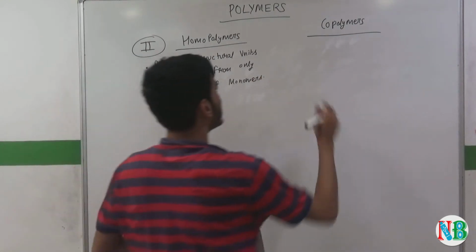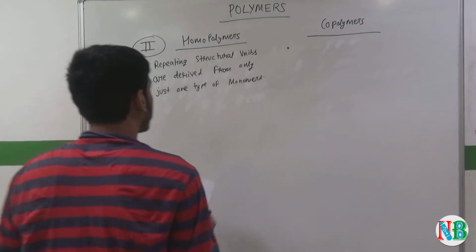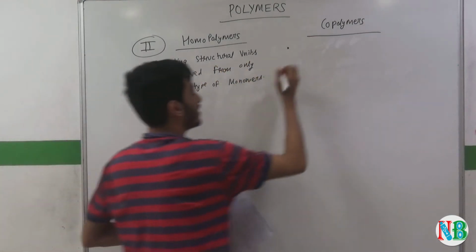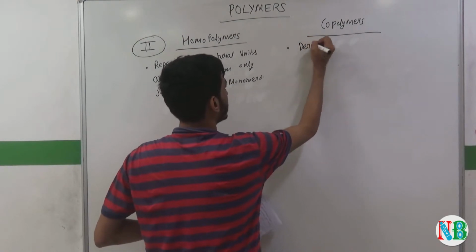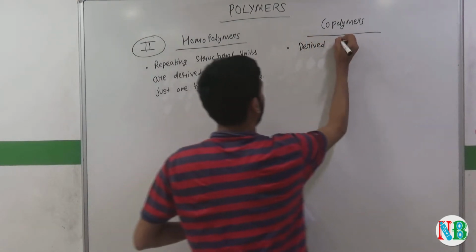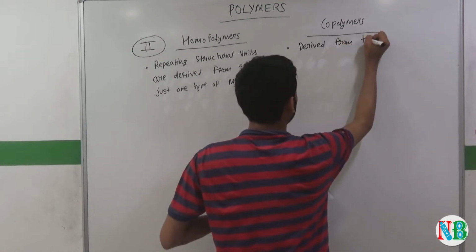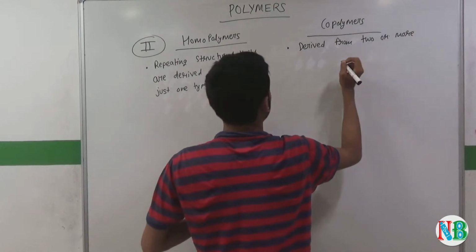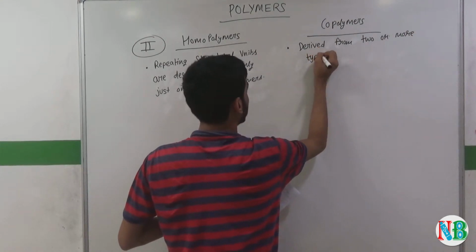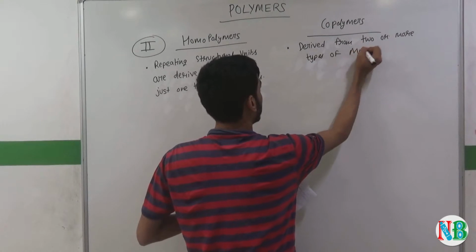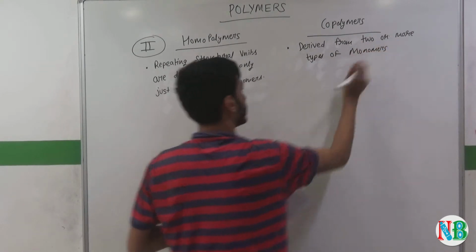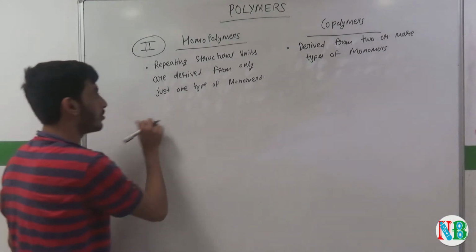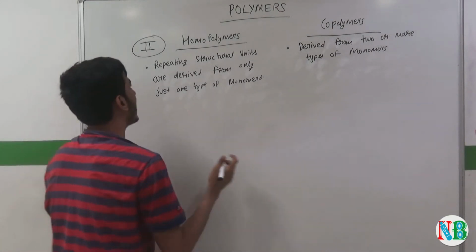Whereas over here it's just the opposite. The repeating structural units are derived from two or more types of monomers.